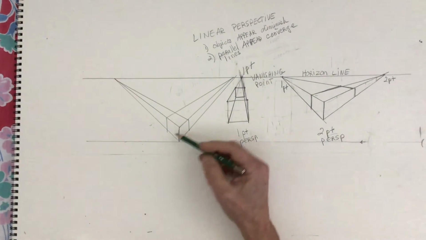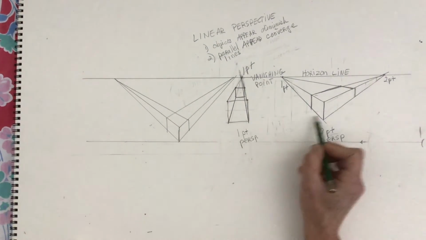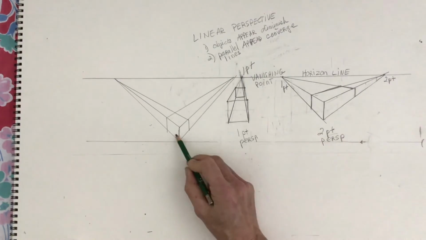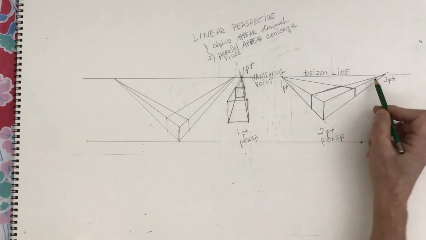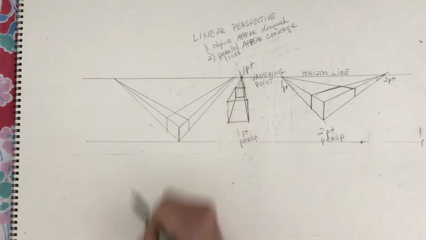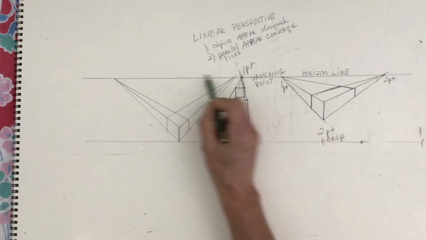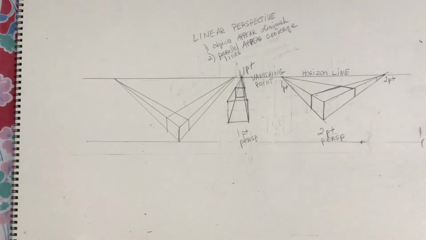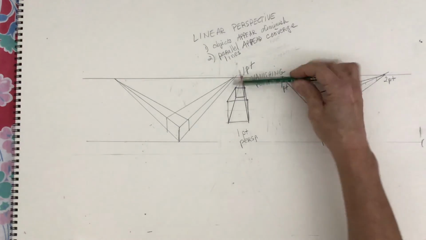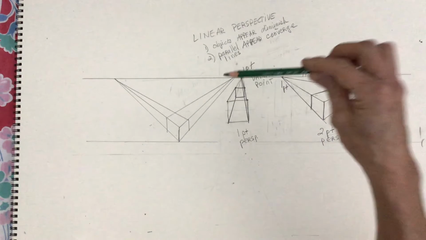So these boxes, this one is down here, that one's in the middle, that one's on the far right. But these boxes, they all have their own vanishing points, but all of the vanishing points are going to converge at the horizon line. And the horizon line is that line directly in front of the viewer.